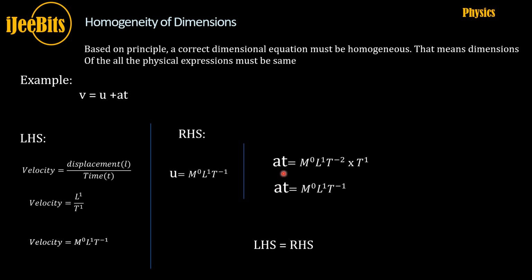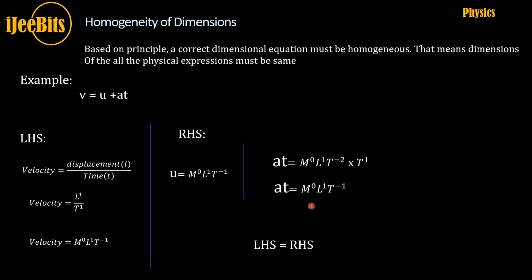at is acceleration into time. The dimensional formula for acceleration is M power 0 L power 1 T power minus 2. If you don't remember, acceleration is nothing but the rate of change of velocity, velocity by time. We know the dimensional formula for velocity, divided by time T. So we get M power 0 L power 1 T power minus 2, multiplied by time T. That is what at means.